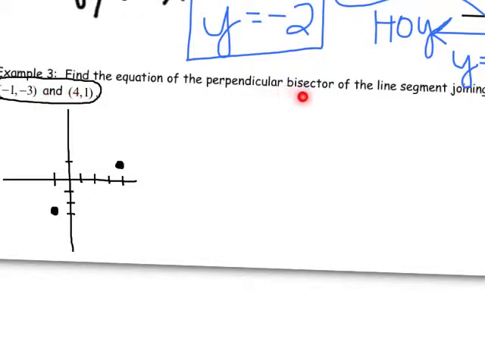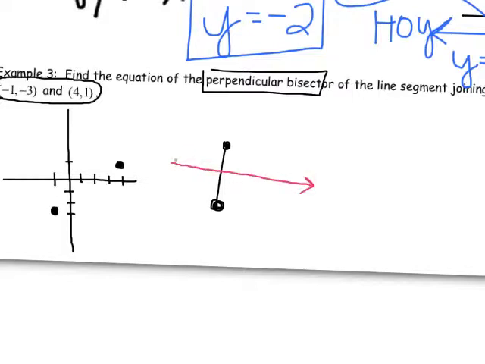So this word, perpendicular bisector, back in geometry, this was a vocab term where if you have a segment and you want to find the perpendicular bisector, then that was a line that goes through it exactly at the middle and at a 90-degree angle, perpendicular. So the word itself is pretty descriptive. You want to be perpendicular and you want to bisect it.